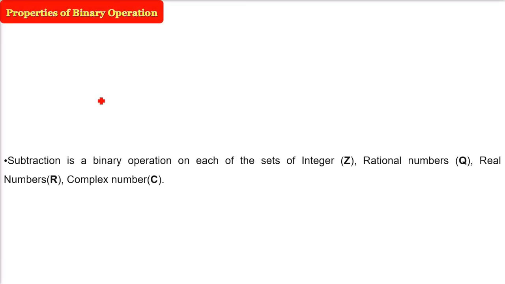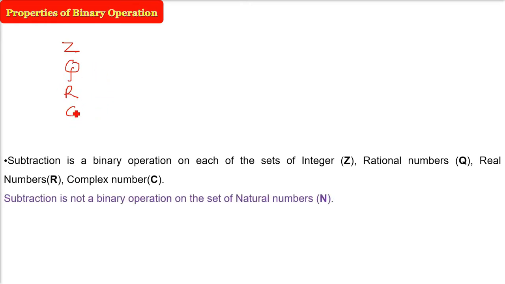Then we have the subtraction. Subtraction is a binary operation on which sets? The integers, the rational numbers Q, the real numbers R, and the complex numbers. So where did the other sets go? Because the subtraction only holds for all these. For example, the subtraction doesn't hold for the natural numbers.